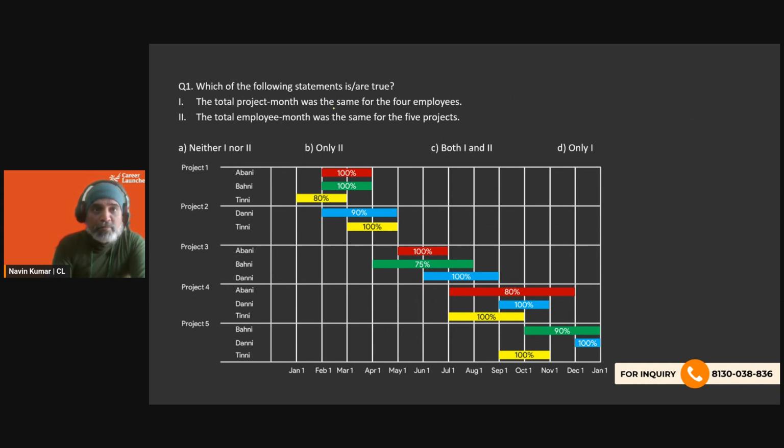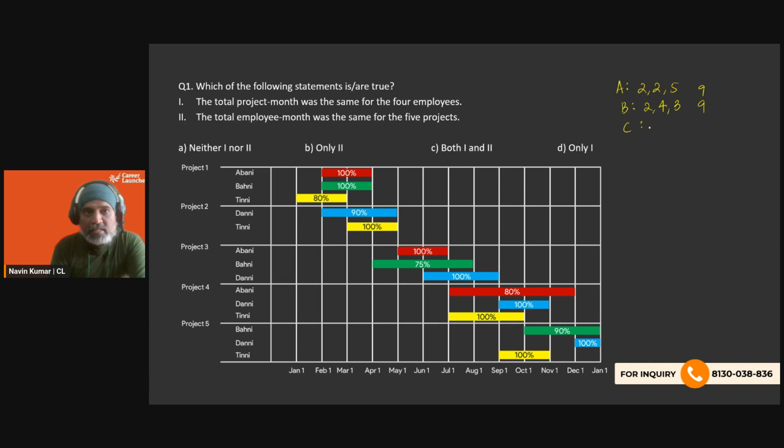The total project month was the same for 4 employees. So if I look at A, employee project months, A worked for 2 months, another 2, and then it was a total of 5. So that's 9. If you look at B, it was 2, then 0, and then 4, and then 3. This is also 9.